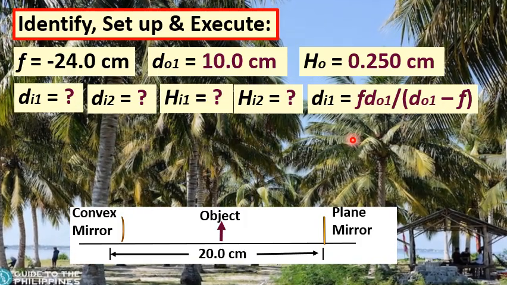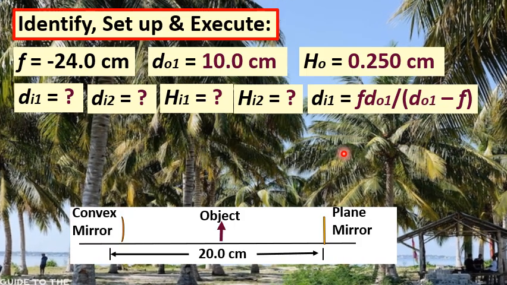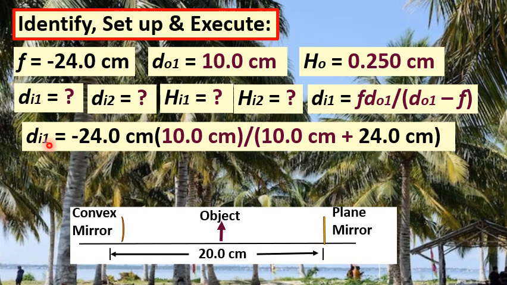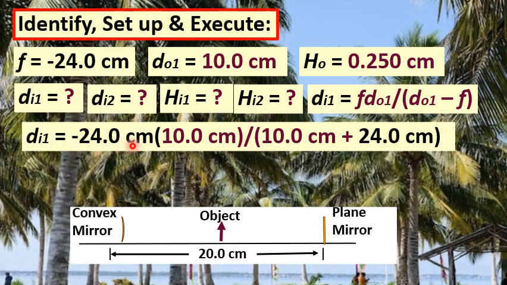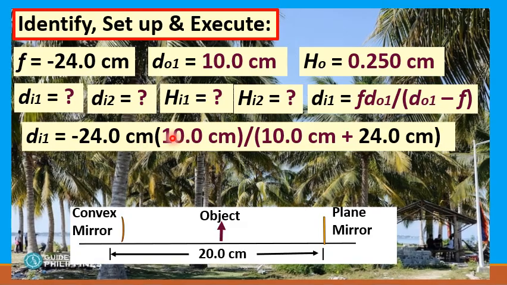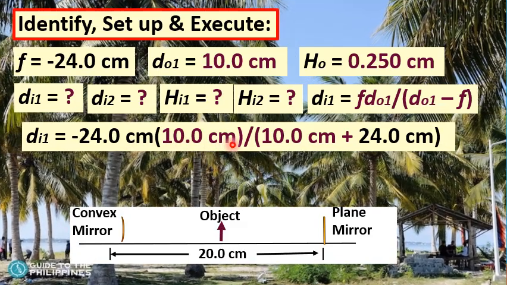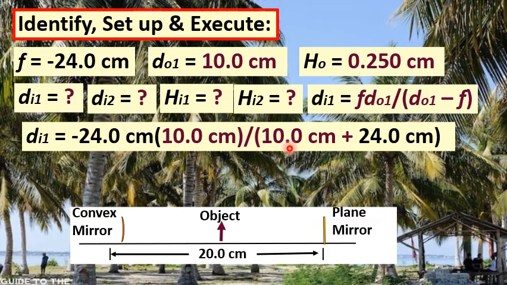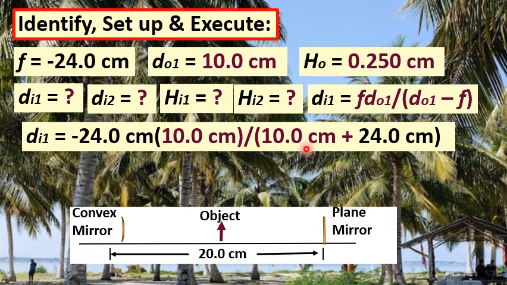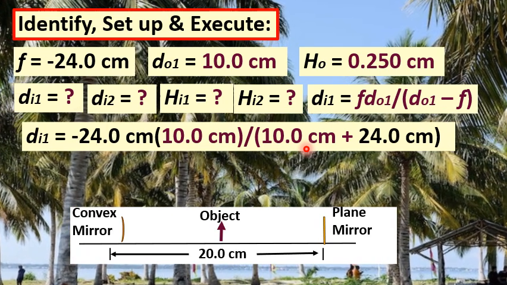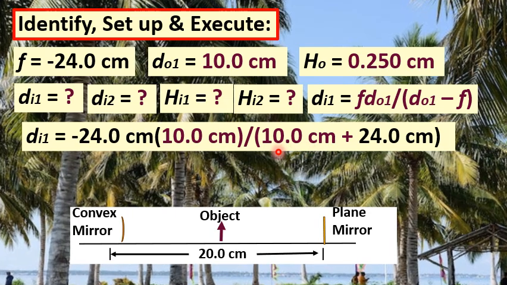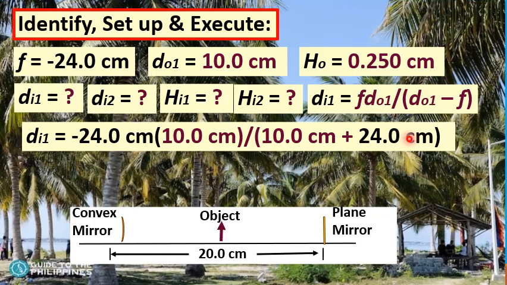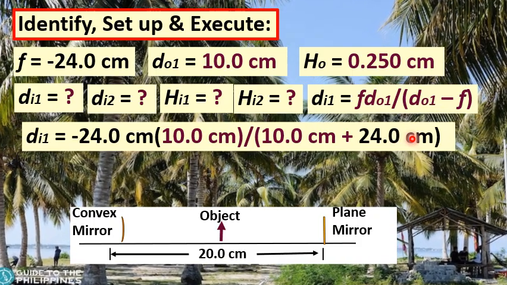So when you substitute the given quantities into this formula, we have d sub I1 equals negative 24.0 centimeters, that's the value of the focal length, times 10.0 centimeters, that's the value of d sub O1, and their product will be divided by the object distance d sub O1, which is 10.0 centimeters, minus the focal length, negative 24.0 centimeters.